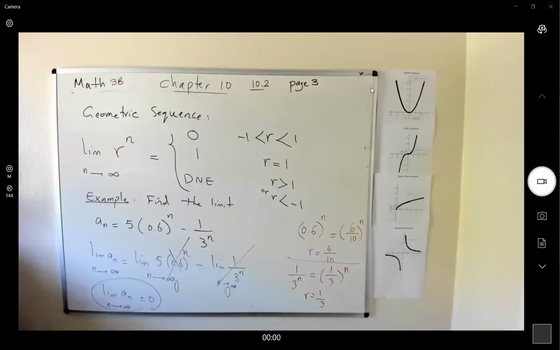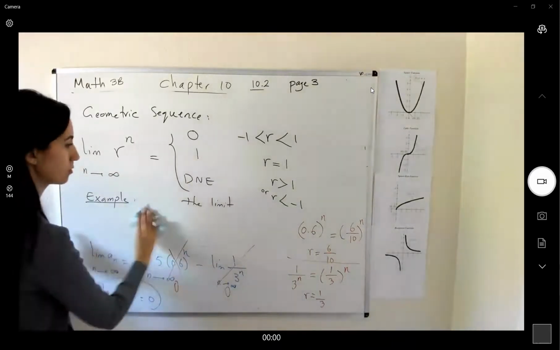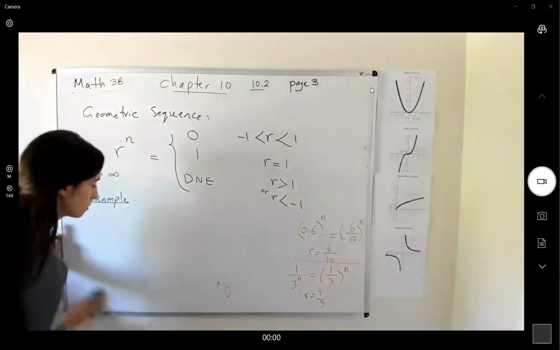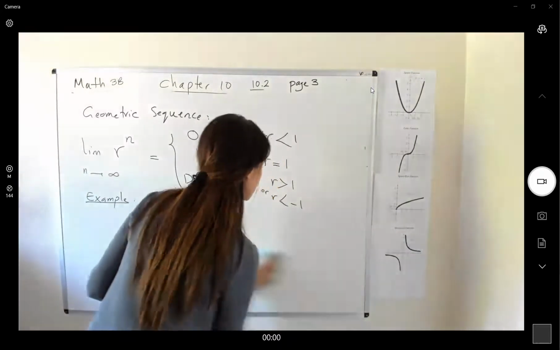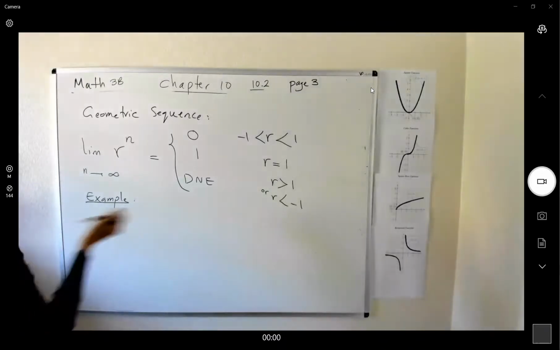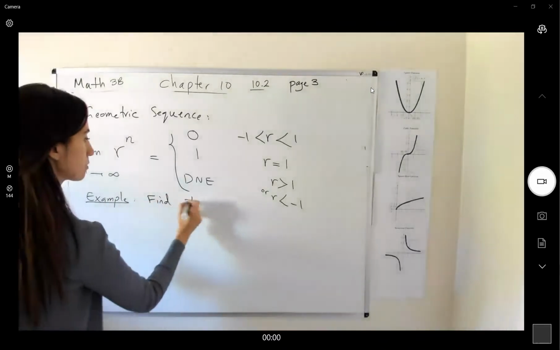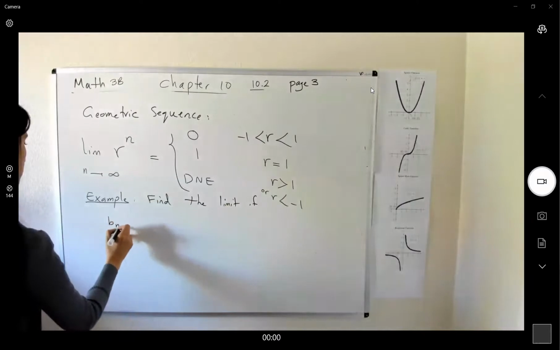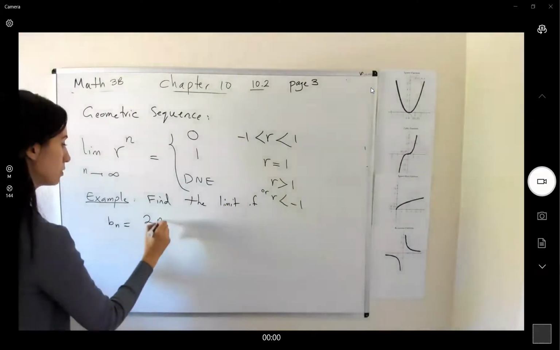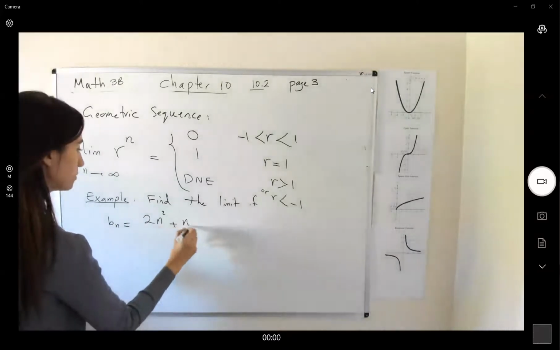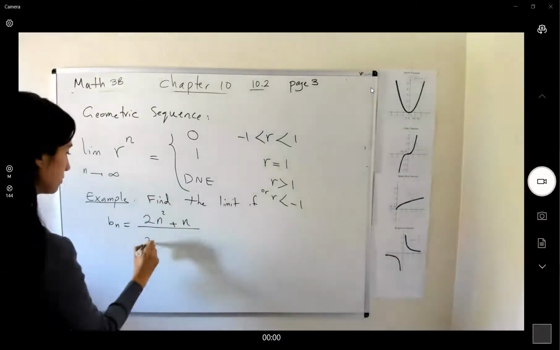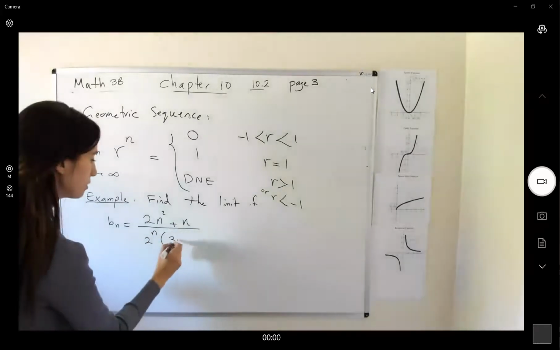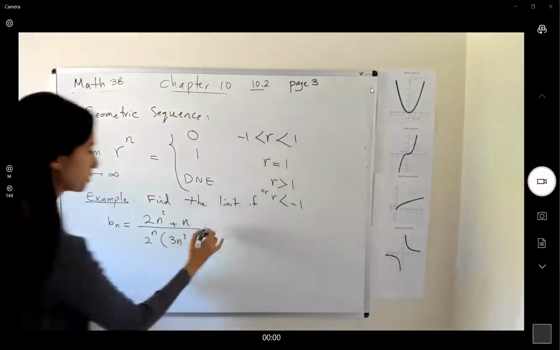Another example for you. Find the limit of Bn, which is defined as 2n squared plus n divided by 2 to the n times 3n squared minus 4.